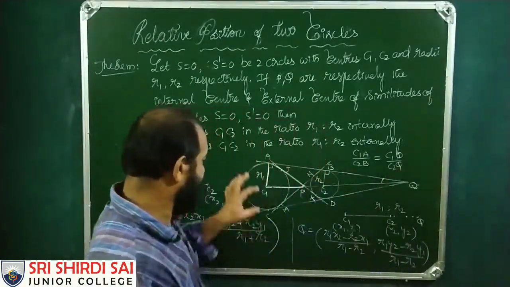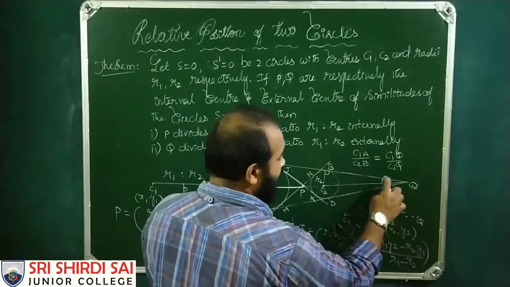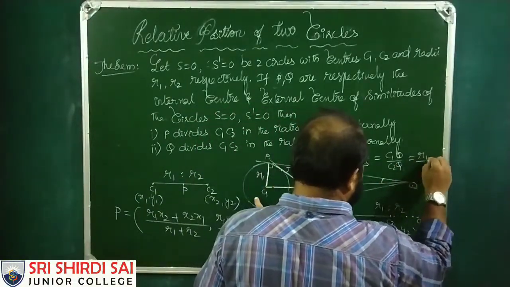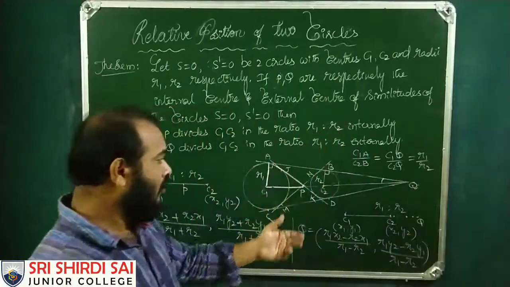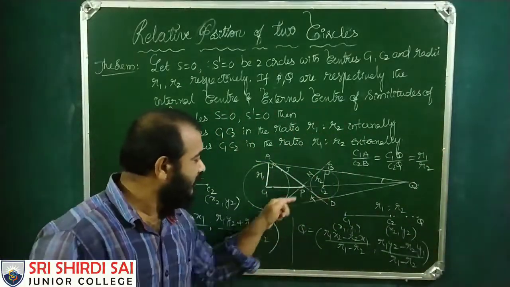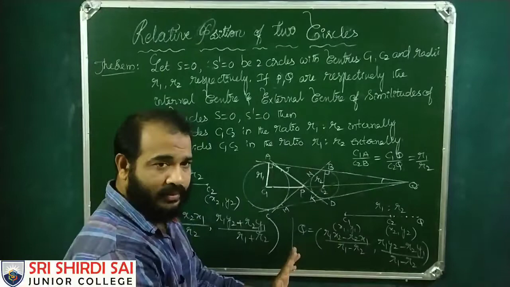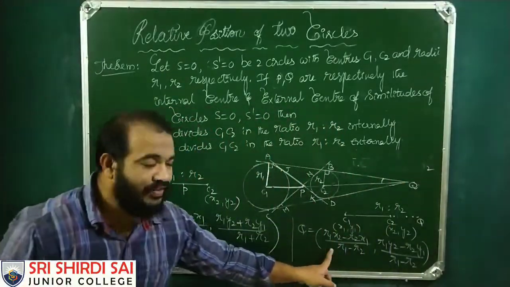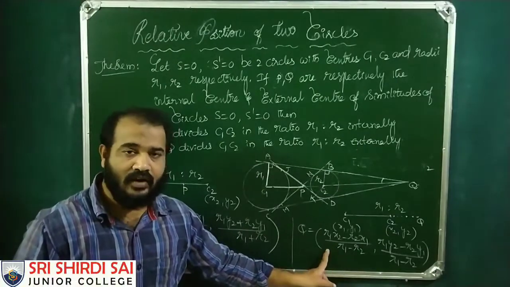C1A is R1 and C2B is R2, so C1Q by C2Q equals R1 by R2. Similarly, transverse common tangents we can also discuss, which is not important. So these are the two results that you have to bear in mind while solving our problems.